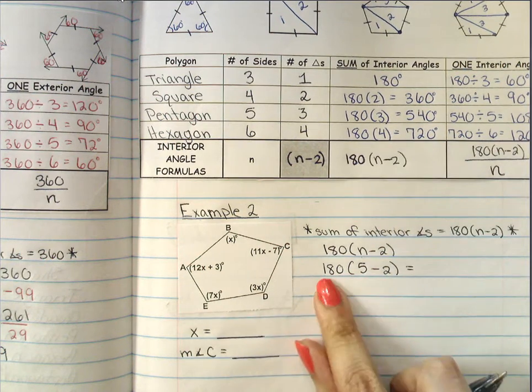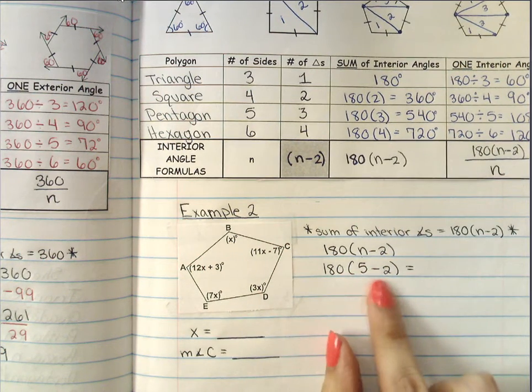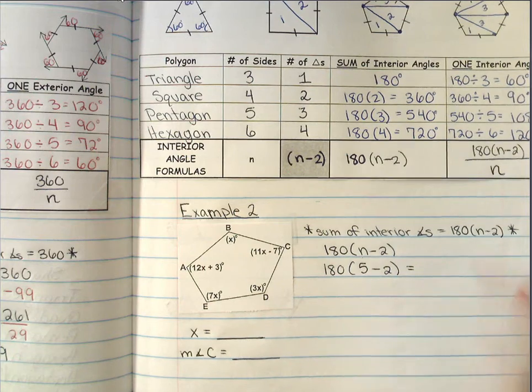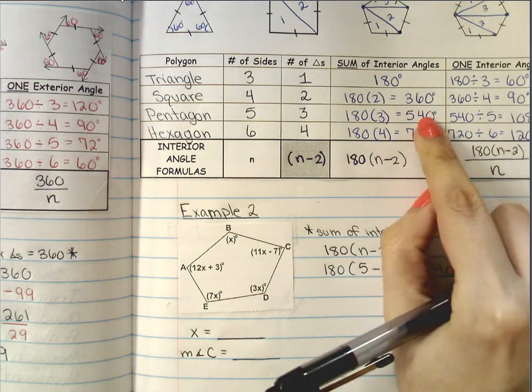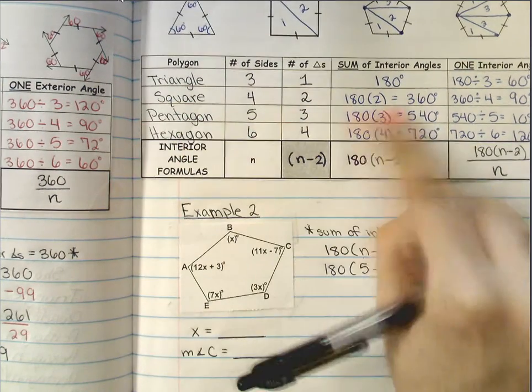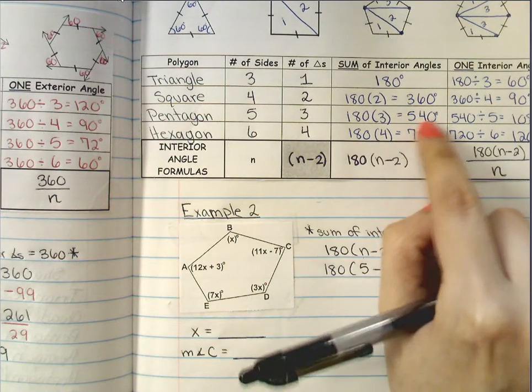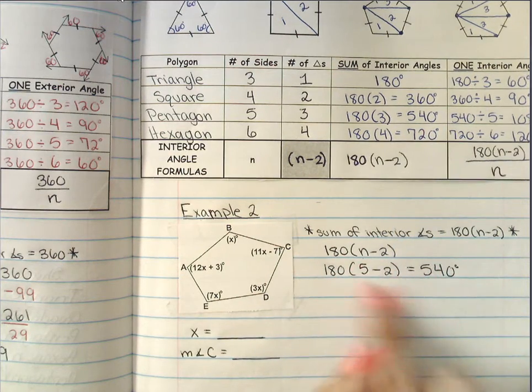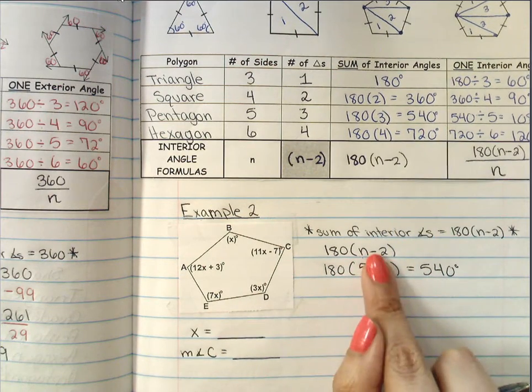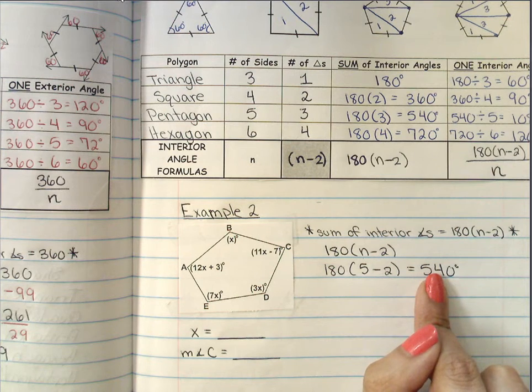So that's 180 times 3, and that gives me 540. Also, you could see it from the table: the interior angles of a pentagon add up to 540. But I just wanted to show that anytime it's some other number, this is the formula you're using. So 540.